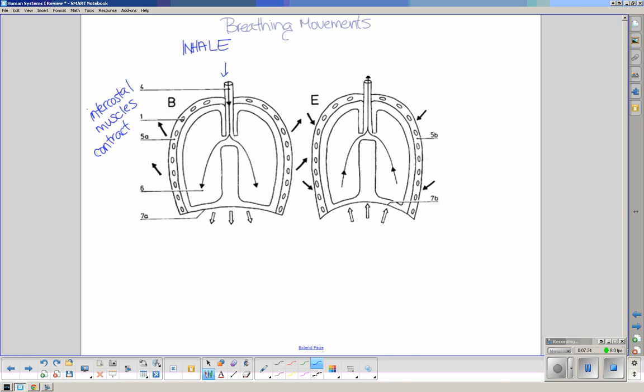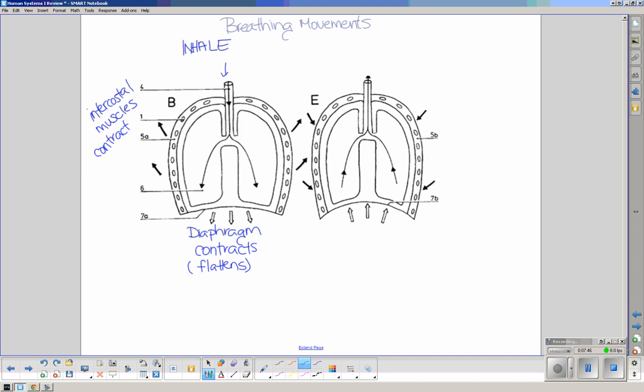Helping it expand is at the bottom, the diaphragm contracts. And that means that it flattens out. And so that makes even more space in the chest cavity, so it gets pulled out and down.